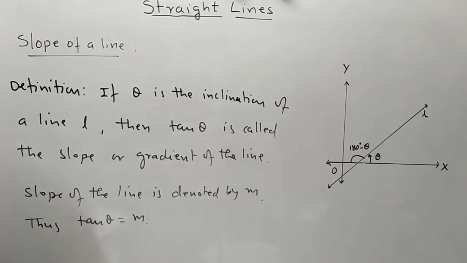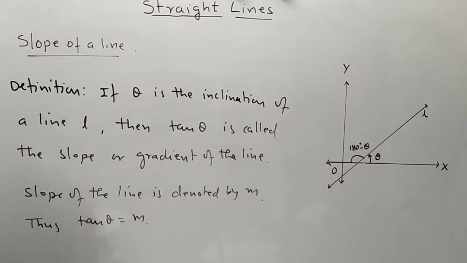What about the angle made by the line which is parallel to x-axis? 0 degree. What about tan 0? 0. Therefore, slope of line parallel to x-axis is 0. What about the angle made by the line parallel to y-axis with x-axis?